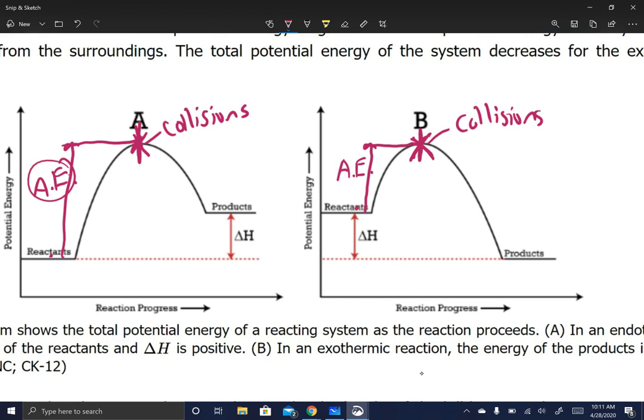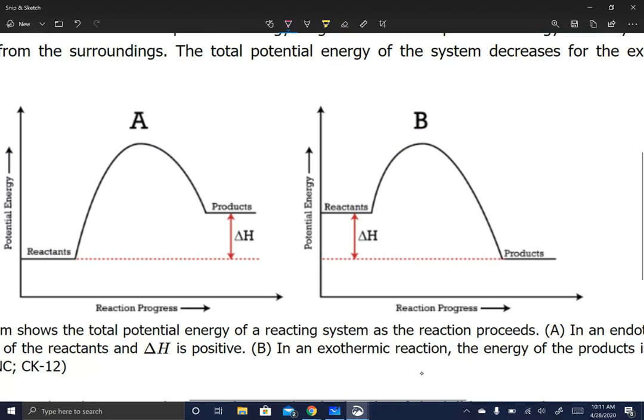Now, the only other thing I'd like to mention is, and I'll write the definition on the whiteboard part here, notice that this peak, let me erase it because it's getting kind of messy. Notice that from here to here is a smaller distance than from here to here, right? So if maybe this is a change of, let's say, 30 kilojoules, maybe this is a change of like 60.